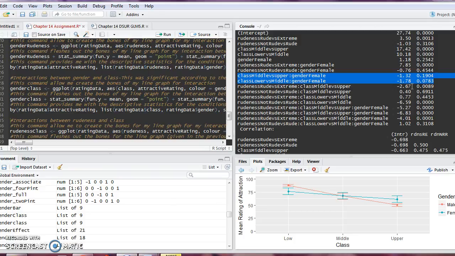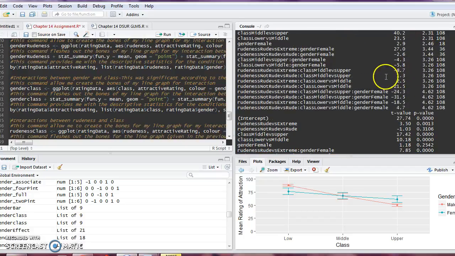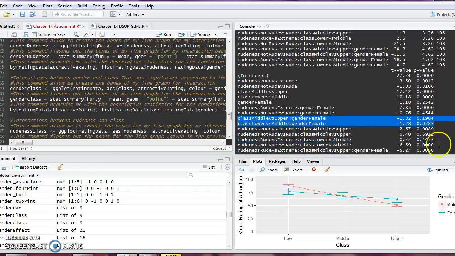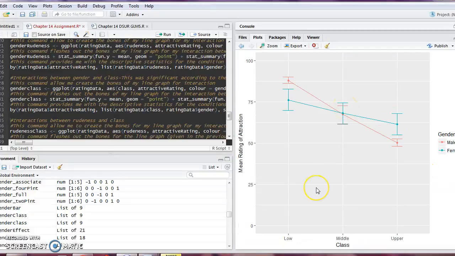Upper class dates would be given lower attractiveness ratings than dates who are of middle class. And you see that trend here. So overall, the picture that it's painting is that when you get to middle class, you see those similar ratings.